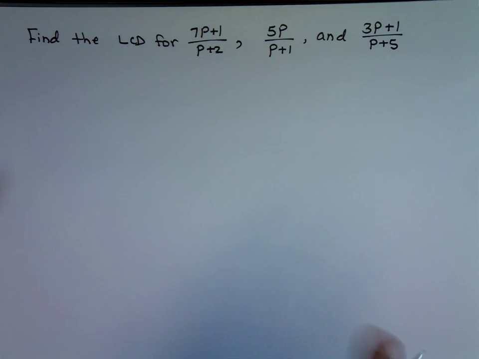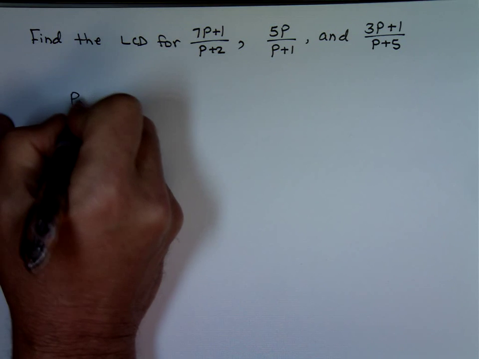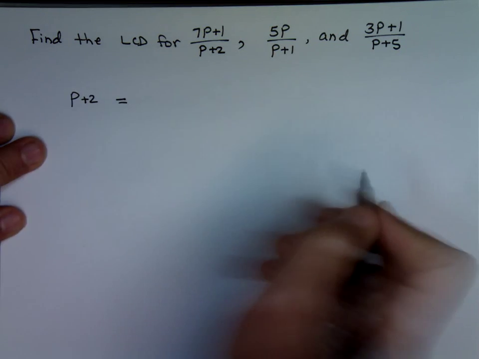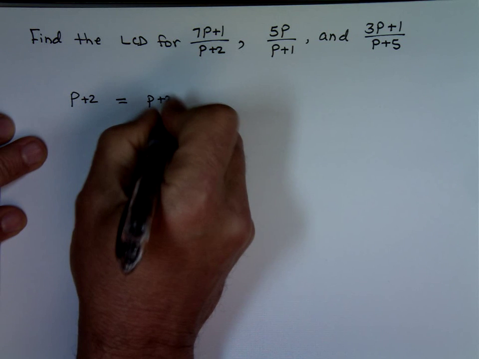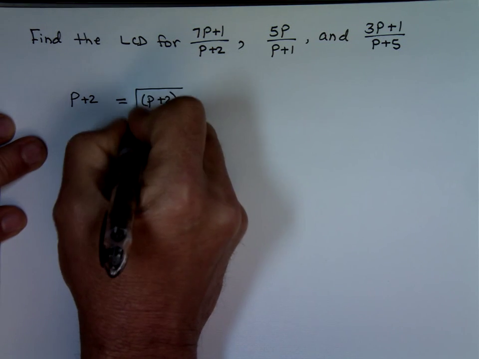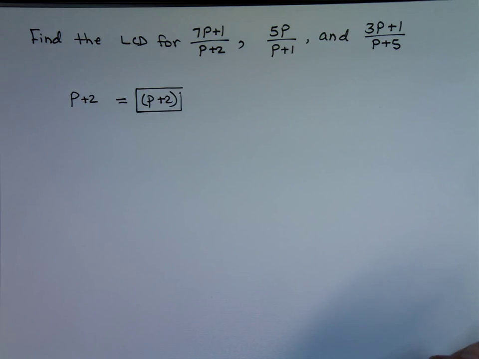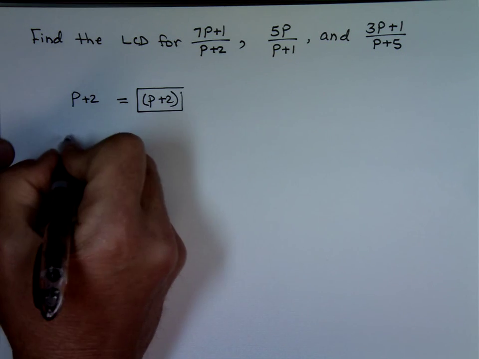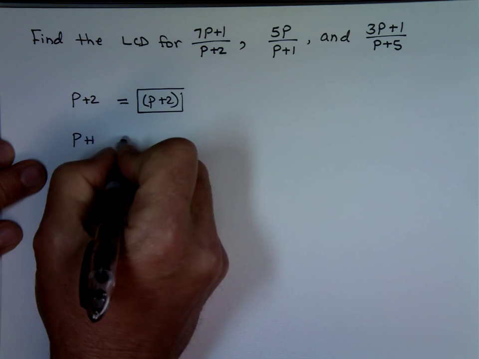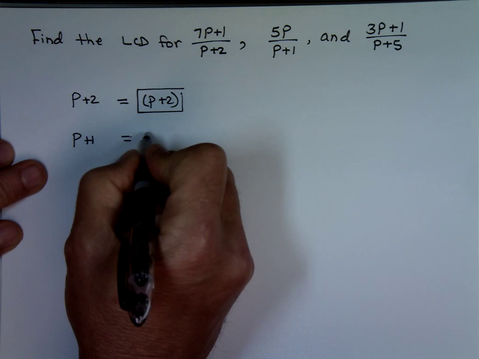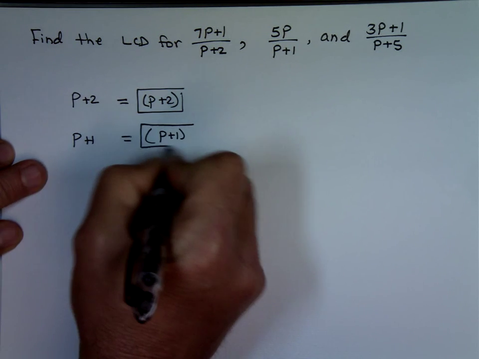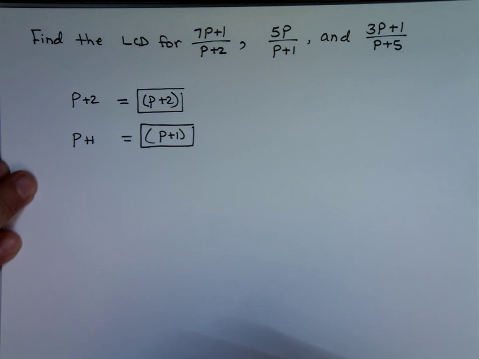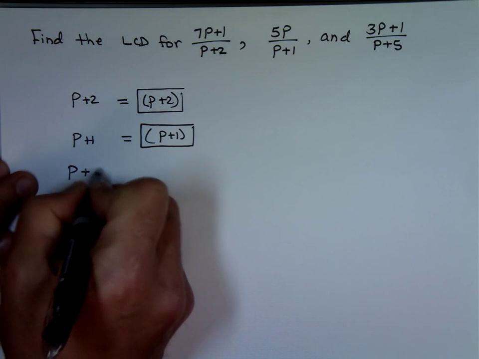Let's take the p plus 2 in the first one. Can we simplify that? Can we factor that? No. So it's p plus 2. That's it. Let's take the p plus 1. Can you factor that or simplify it? No. P plus 1. Let's take the p plus 5. Factor that.